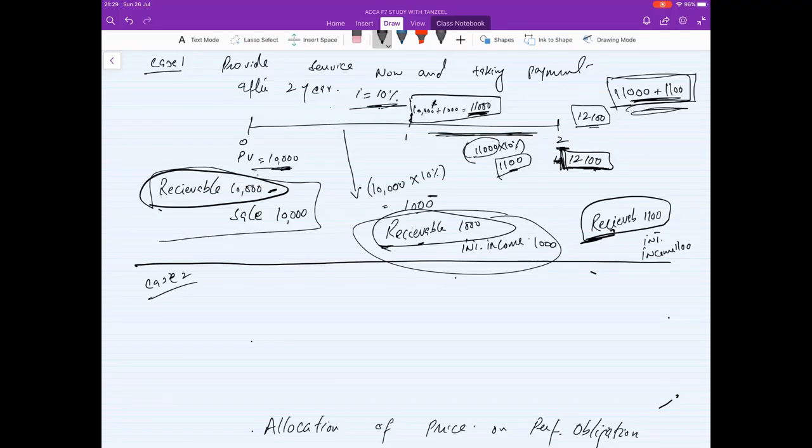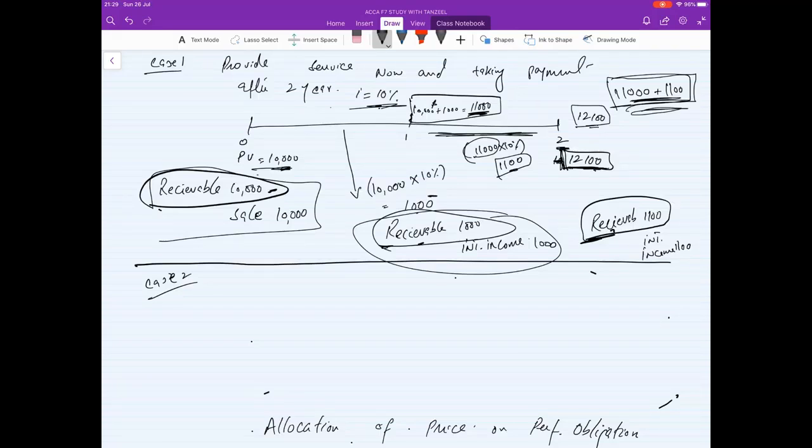Previously I said I will teach you now, and after 2 years you pay me. But now in this question I say you pay me now and I will give you service in 2 years. How will we accommodate this? Instead of a receivable, it is going to be my liability.